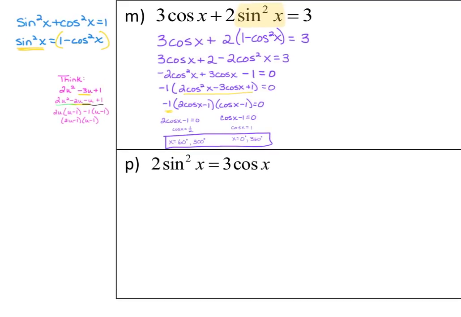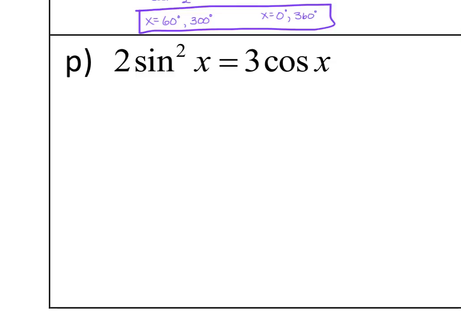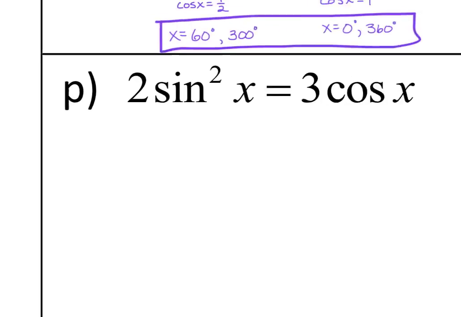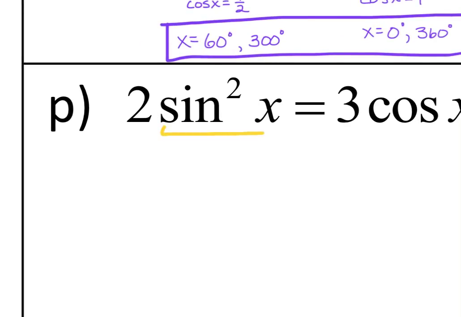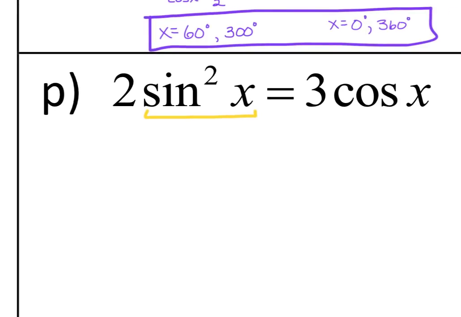So for letter P, again, I want to replace sine squared of x with 1 minus cosine squared of x so that I have an equation that's all cosines.